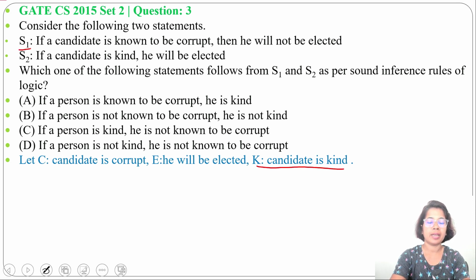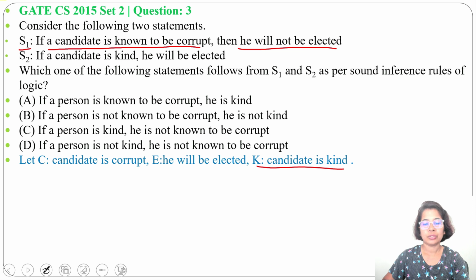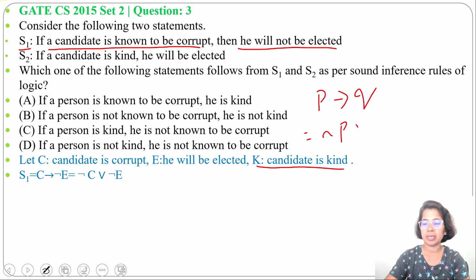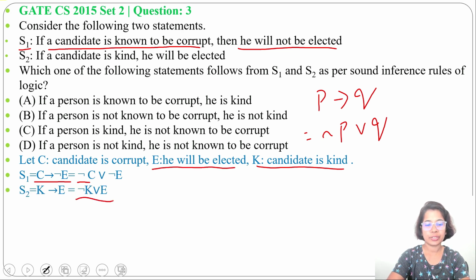Now statement 1, if candidate is known to be corrupt, then he will not be elected, so C implies negation of E. And we know P implies Q can be written as negation P or Q. So C implies negation E, we can write as negation C or negation E. Now statement 2, if candidate is kind, he will be elected, so K implies E. K for candidate is kind and E for he will be elected. K implies E we can write as negation K or E.